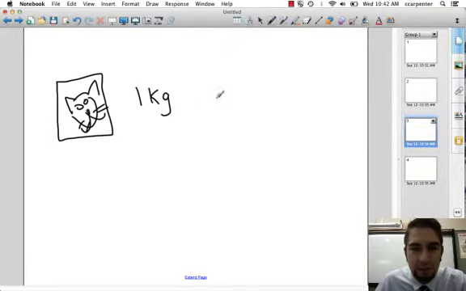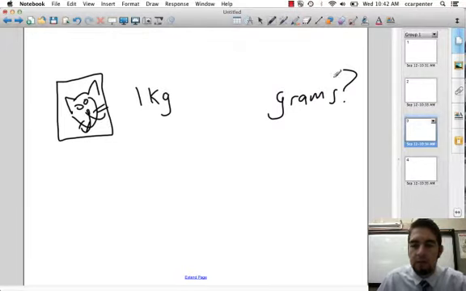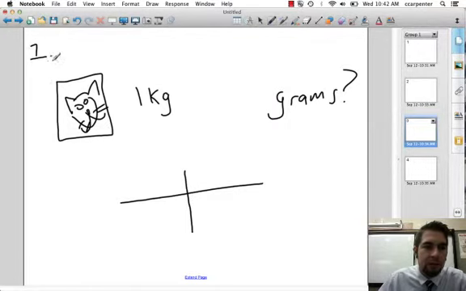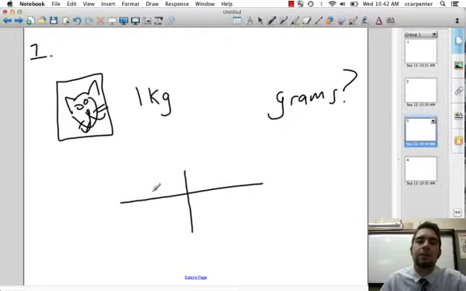My question to you is, how many grams is that? Well, all we have to do is use our handy-dandy conversion table. The one on the previous page will give us the conversion factor, and go ahead and set up a chart. This will be example number 1, so write this down. I know this is very simple, and I know you guys are very capable of doing that. We'll get to the really hard ones next.